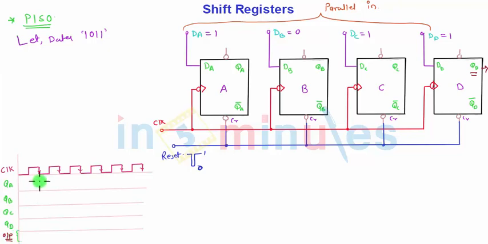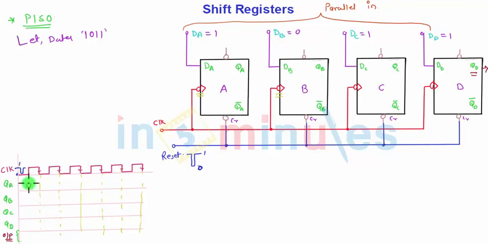And let me drop down all the clock cycles. Since we have used negative edge triggered flip-flops, I am identifying the falling edges of the clock cycle at which the output is going to change. Before applying the first clock pulse, I will give the reset pulse. For a very short duration I will apply a 0 pulse, that is nothing but a reset pulse. So all the flip-flops will be reset to 0.